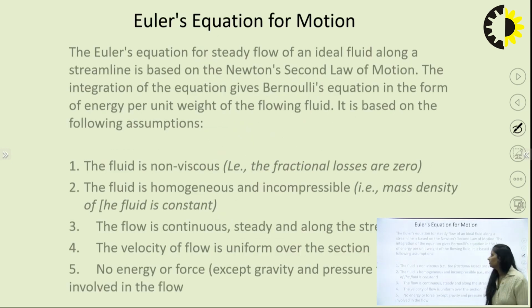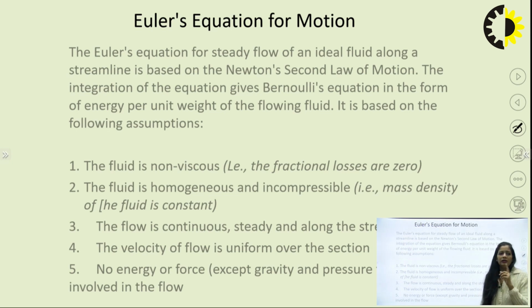Now we are going further. We have just discussed the basics of the Bernoulli equation, the statement, but actually the Bernoulli equation came from Euler's equation of motion. Euler also gave an equation on the basis of some assumptions for a flowing fluid.